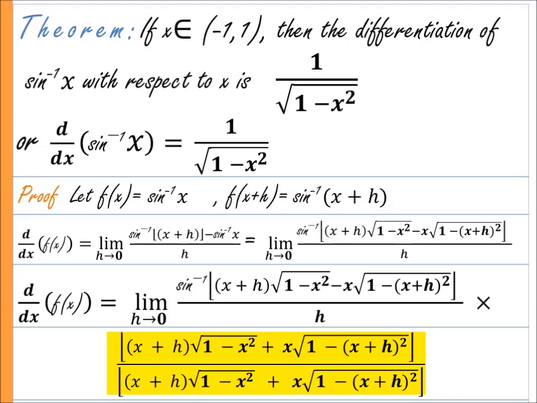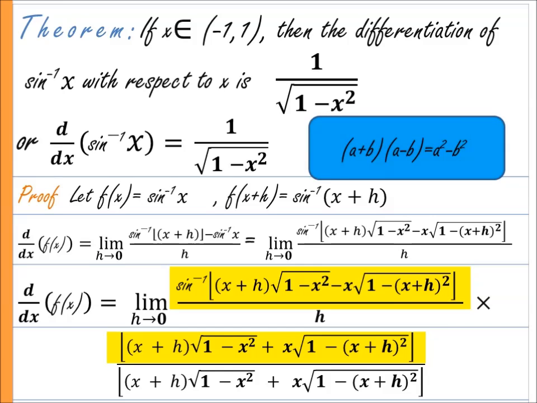And if you look carefully at the numerator, you can see the numerator is in the form of a minus b into a plus b. And from the properties of algebraic functions, you know very well that a plus b into a minus b is equal to a square minus b square. So now this numerator can be simplified.